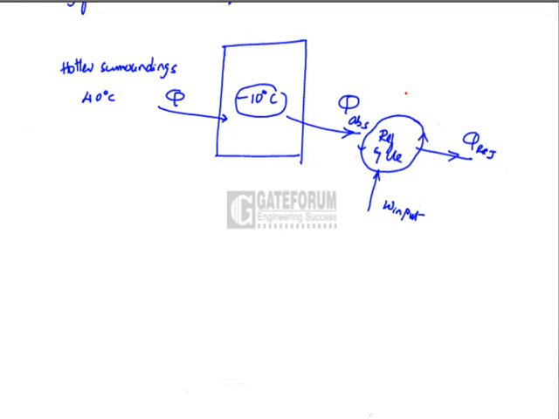A refrigerating cycle will extract or absorb heat from the low temperature and reject it to the environment or atmosphere, say at 40 degrees centigrade.